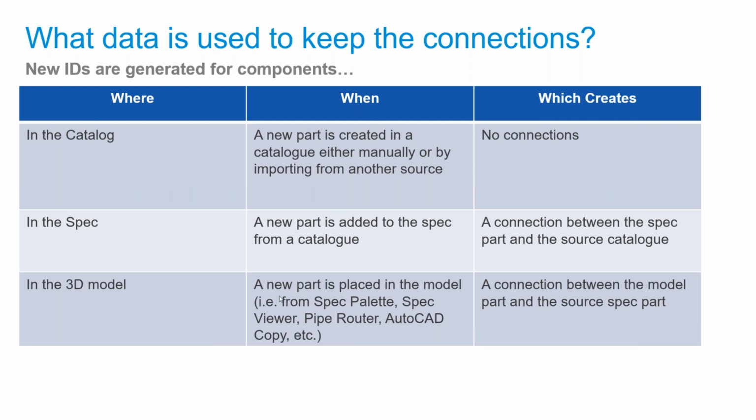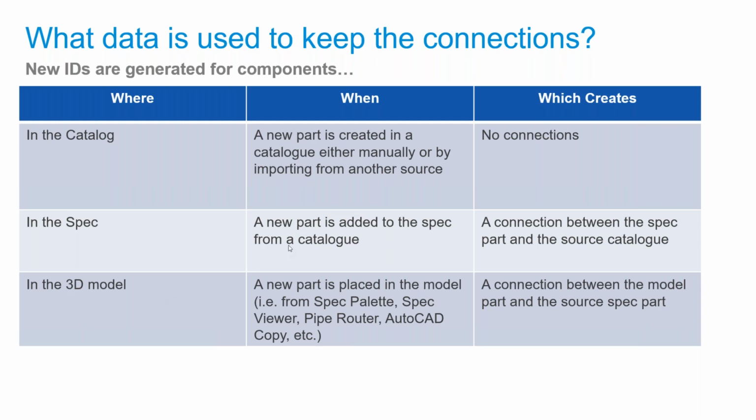But in the 3D model, when a part is placed in the model from the spec palette or spec viewer, no matter how you do it, an ID is created in that part, and that ID comes from the spec. So a connection between the model part and the source spec part is created. The main problem is if you delete a family from the spec, then you cannot update the 3D parts anymore. So you should really avoid deleting families from the spec during a project.